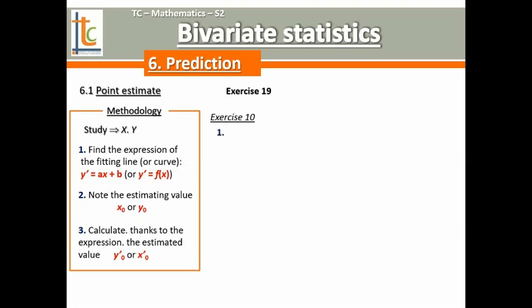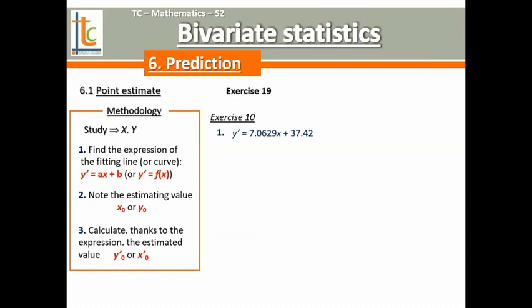We found out that the regression straight line had an expression which is this one: y prime equals 7.0629x plus 37.42. By the way, I have to put a prime on y, because we don't have to make any confusion between y and y prime. Y is the ordinate of a point of a cloud, and y prime is an ordinate that we can calculate on a curve.